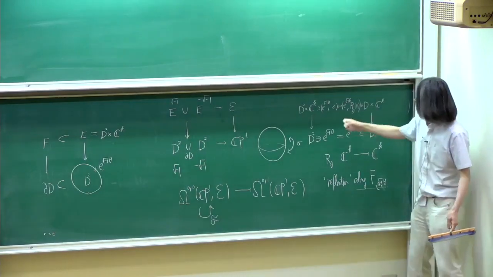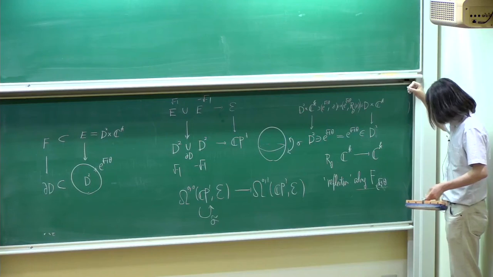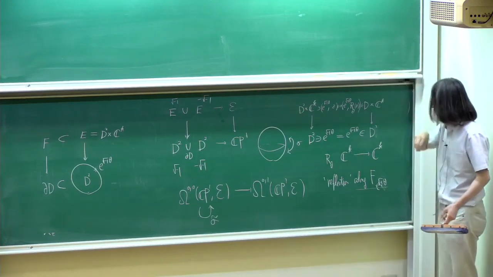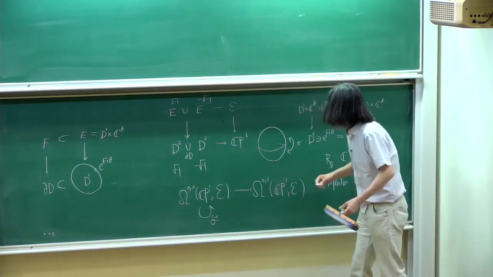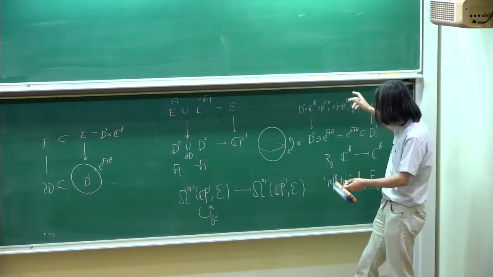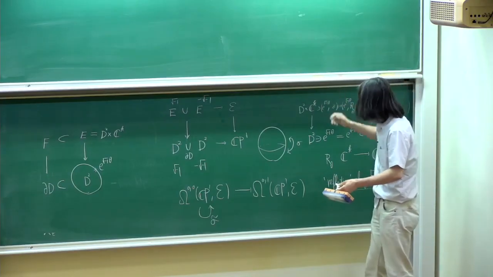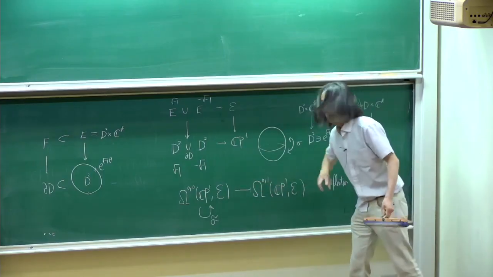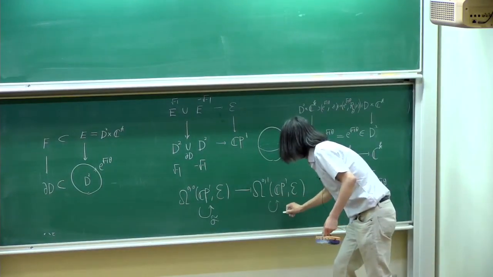In the fiber, I do this kind of complex conjugation in the fiber directions. It's a complex conjugate one. And also here, because on the fiber E, I have such an involution, a complex conjugate linear involution, and on the base space on the tangent and cotangent bundles, we also have this. So therefore, we also have this thing.